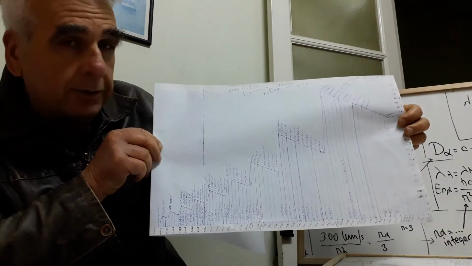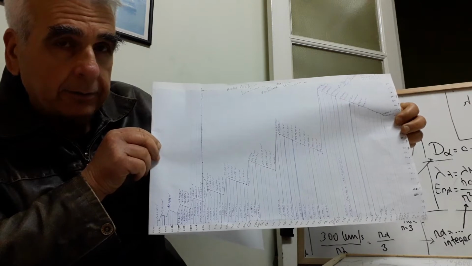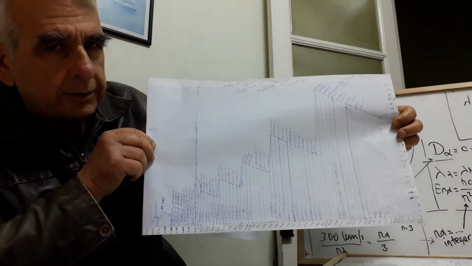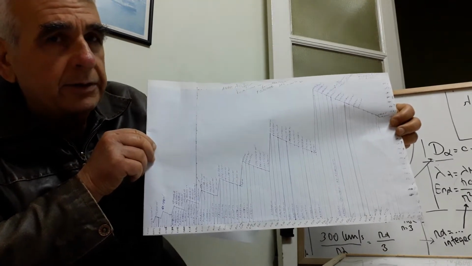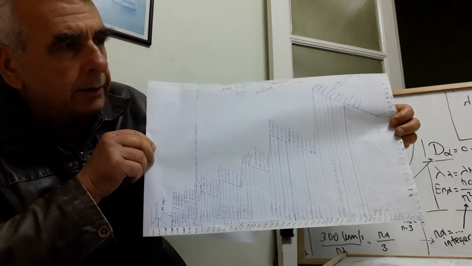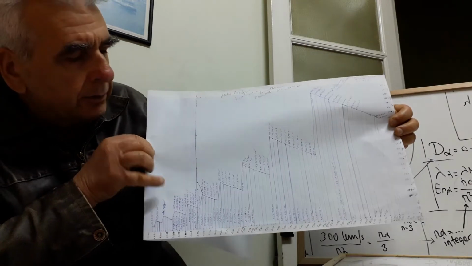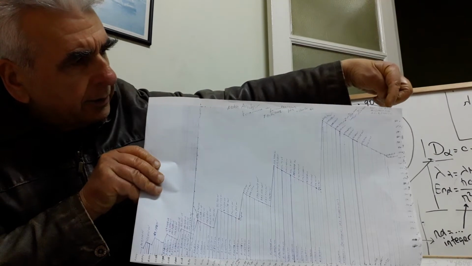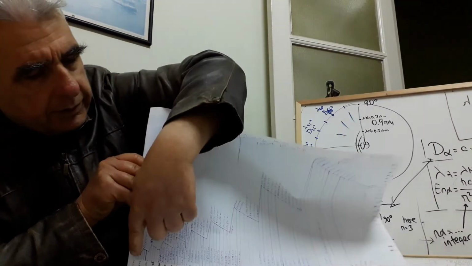This is my blackbody radiation plotting according to my theory and my formulas, for each degree from 90 degrees to 0 degrees.